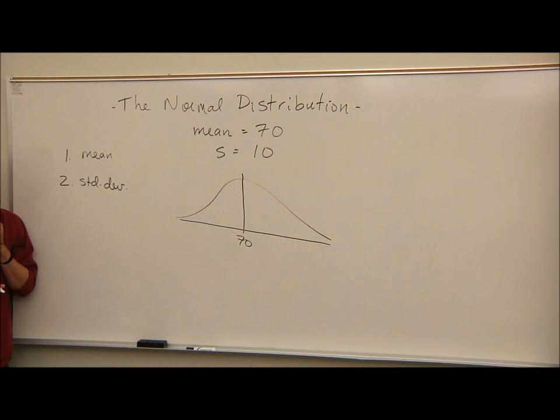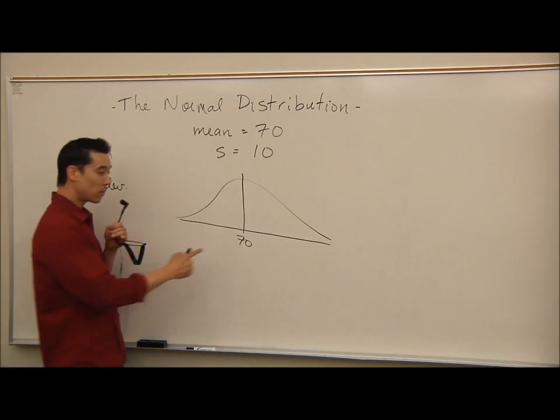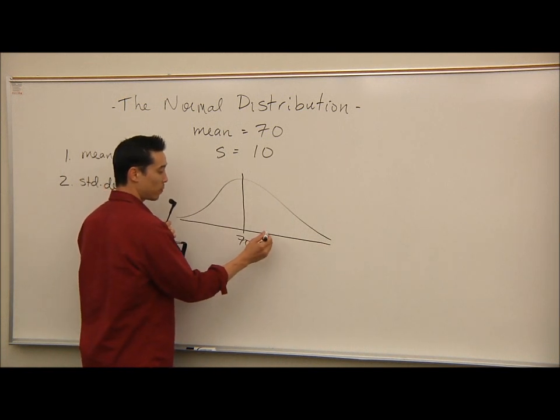Now, if you guys remember the empirical rule, or the normal rule, it's that approximately 68% of the data fall within 1 standard deviation above and below the mean, approximately 95, 2 standard deviations up and down, and almost all of it within 3 standard deviations, okay? So let's just check off 3 standard deviations. So if I go up 1 standard deviation from the mean, I will be at what test score? 80, great.